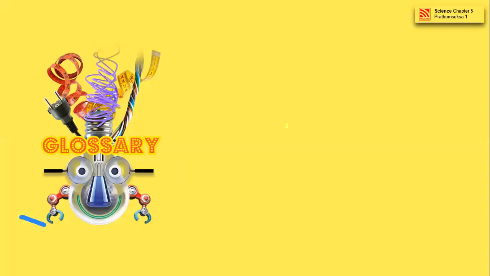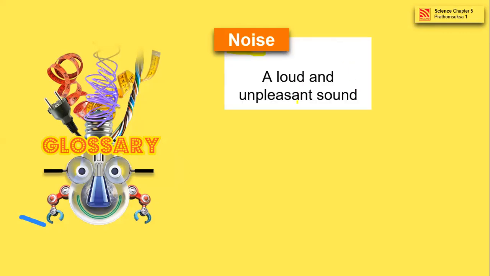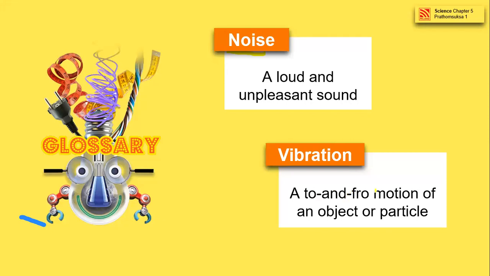And the last part we have to remember is noise is loud sounds that we don't like. And vibration means that something goes up and down, or left and right, very fast. That's what makes the sound.